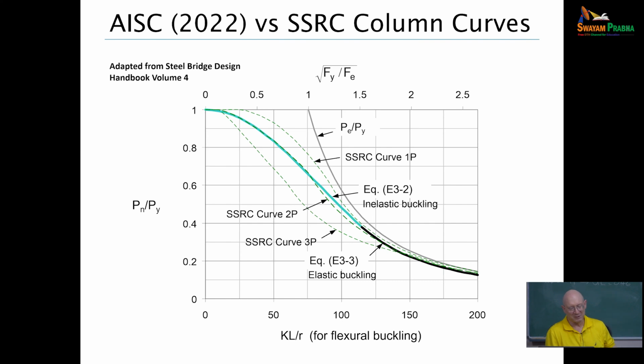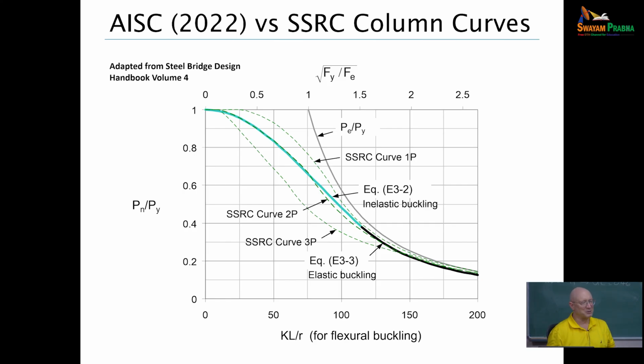These were developed in the 70s. There was a curve 1, 2, 3 before this, curve 1P, 2P, 3P. What happened is the early curves were developed saying, okay, out of straightness of L over 1,000, and then they decided, no, we want to be looking at calculations with a mean out of straightness, not a maximum out of straightness.